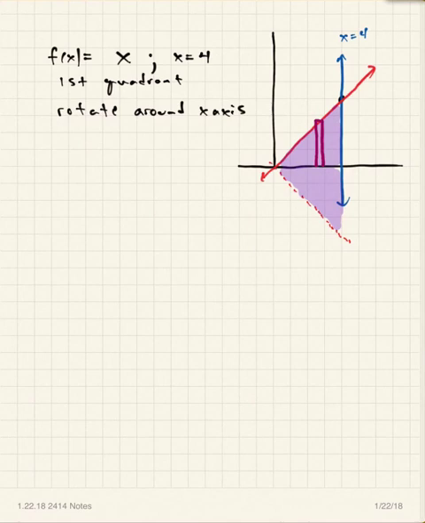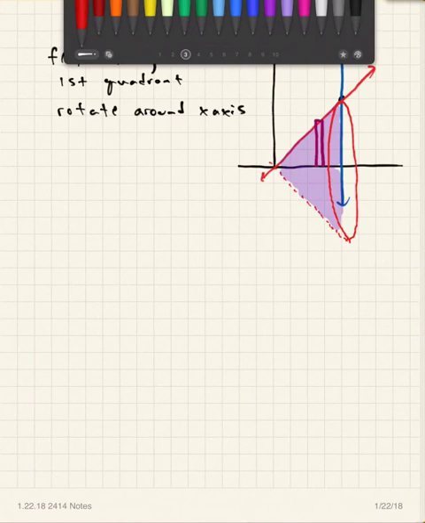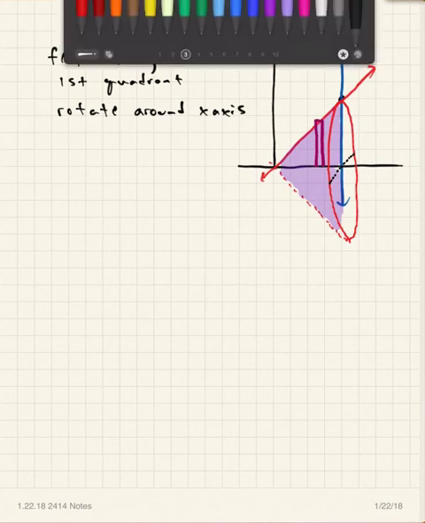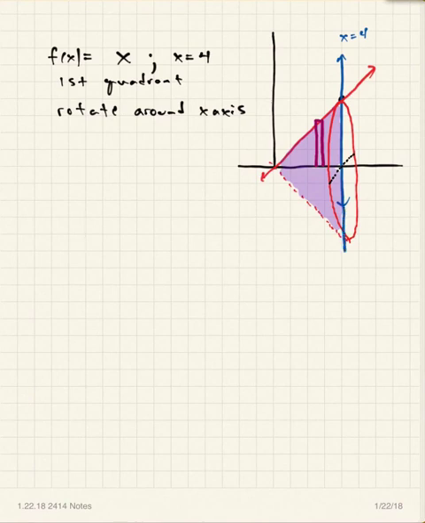So you're getting a solid that has a circular end to it like that. Let me extend this blue line here to make it look a little more decent. And so that would be our solid here.